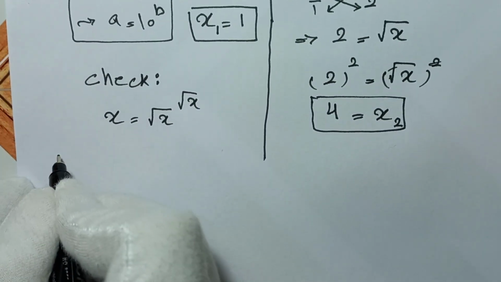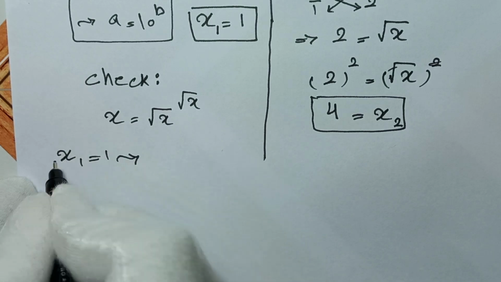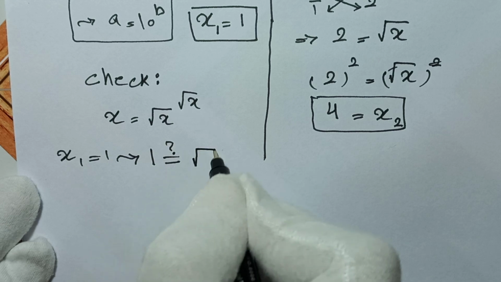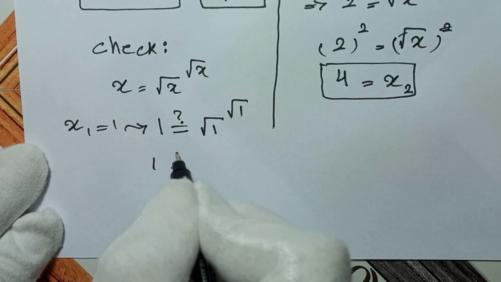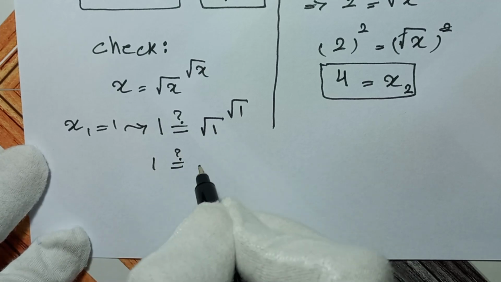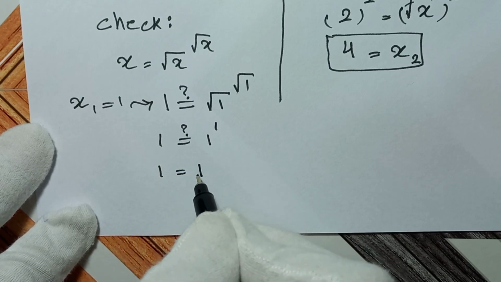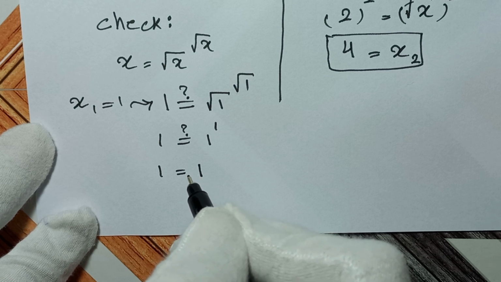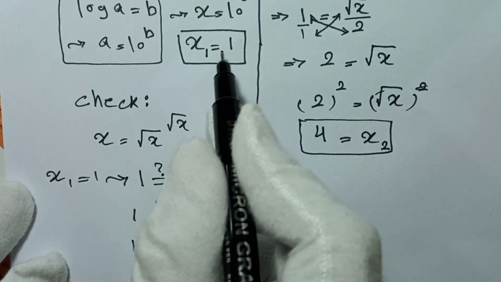So for x1 equals 1, we have x is 1 equals square root of 1 to the power of square root of 1. And here it will be 1 equals square root of 1 is 1 and square root of 1 is 1. So here 1 equals 1. So left hand side and right hand side are equal. Hence, we have proved our first value for x for this problem is true. So x1 equals 1 is true.